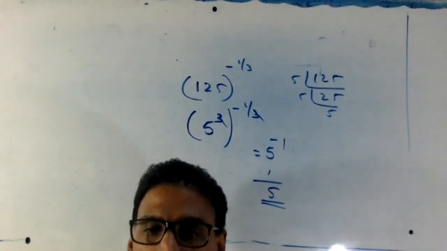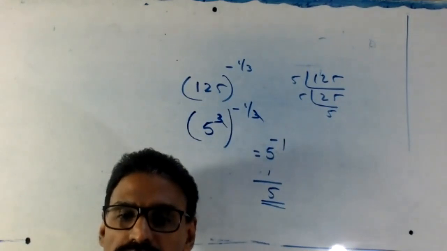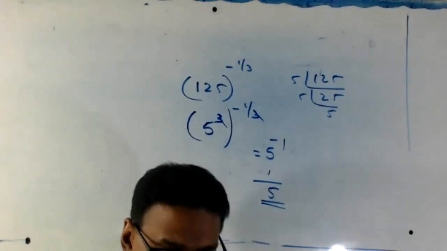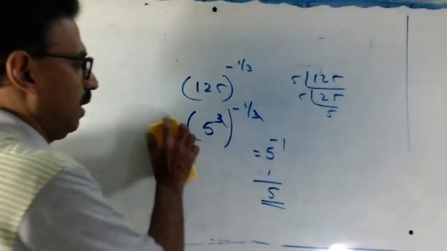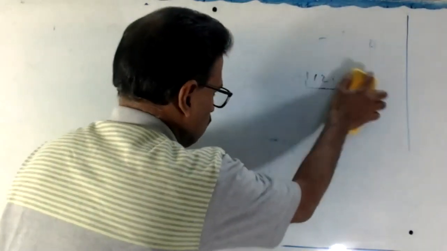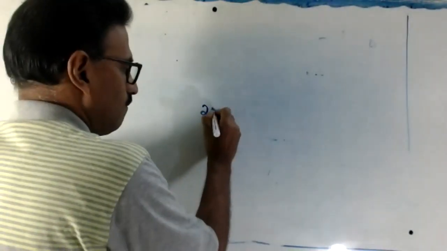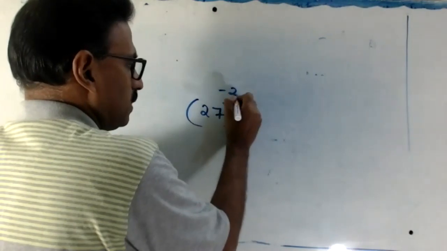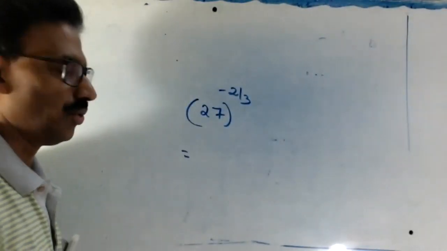Next question. This is the next question. After this one, I didn't do any questions. Then which one? 27, right? Okay, I'll do that. Okay, look. 27 raised to minus 2 by 3. And we know 27 is 3 cube.